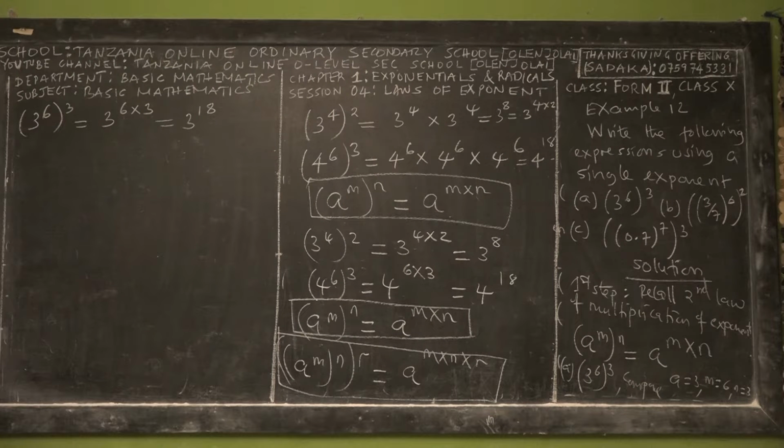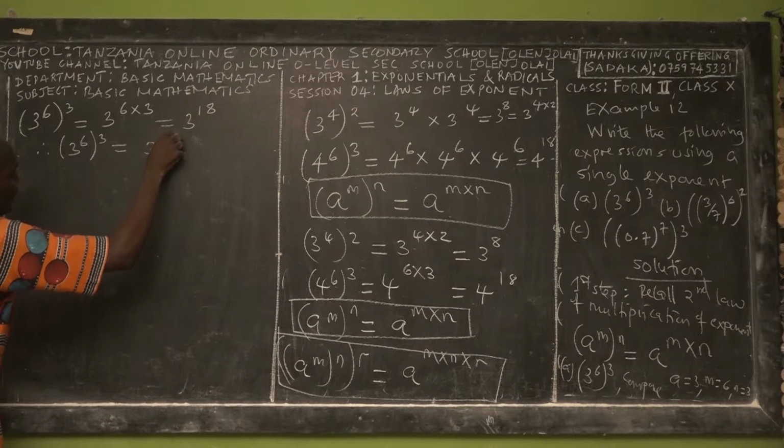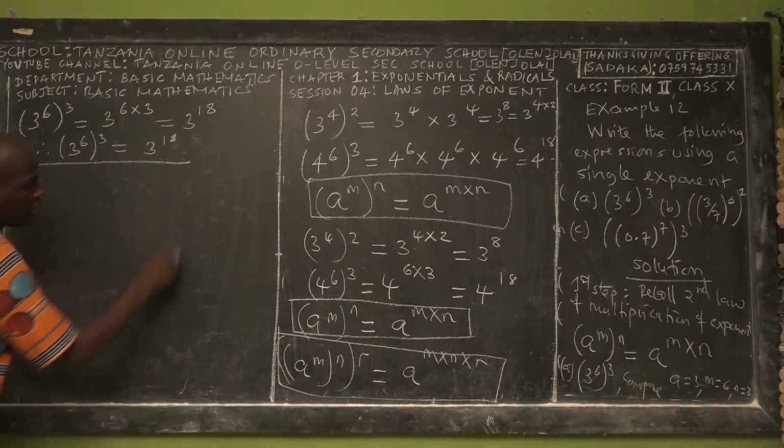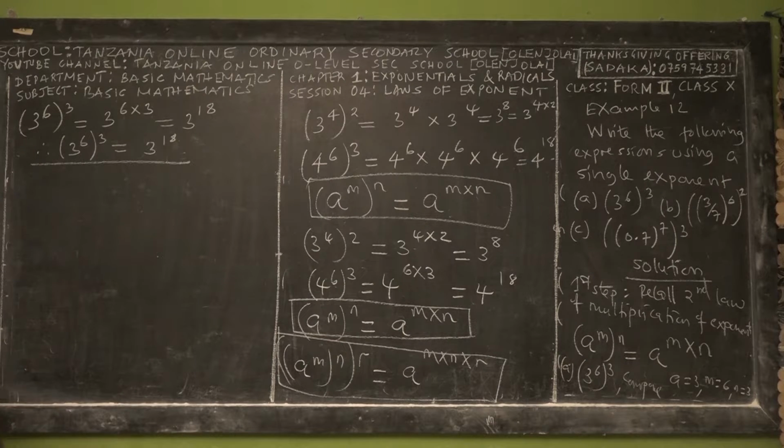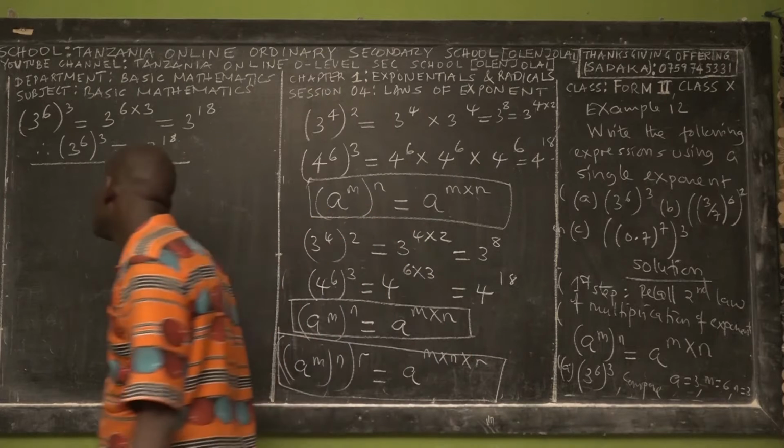Therefore, to write 3 power 6 power 3 in a single exponent, this is equal to 3 power 18. That's the response. These are still simple questions for the Form 2 students.